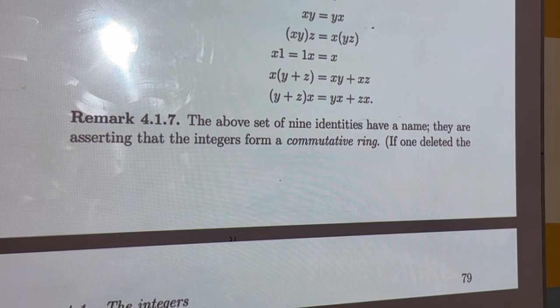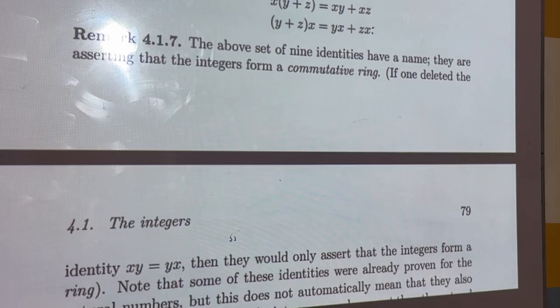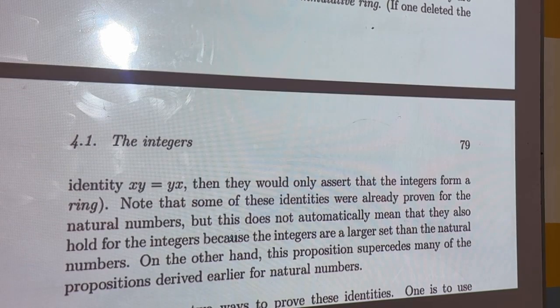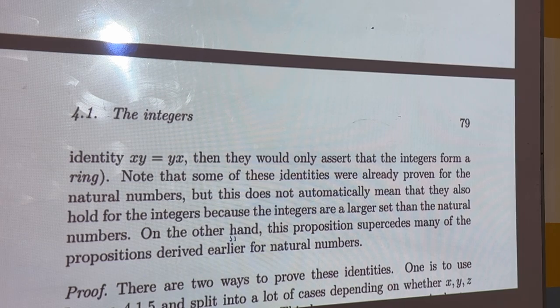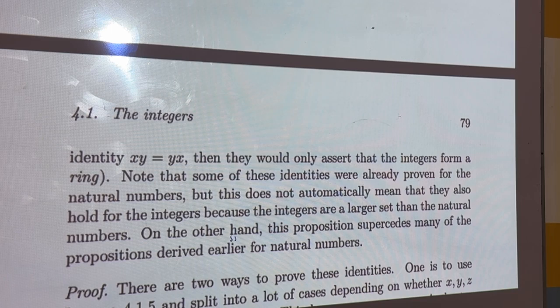if one deleted the identity xy equals yx, then they would only assert that the integers form a ring. Ring means not the ring you put on your finger. Notice that some of these identities are already proven for the natural numbers, but this does not automatically mean that they also hold for the integers.